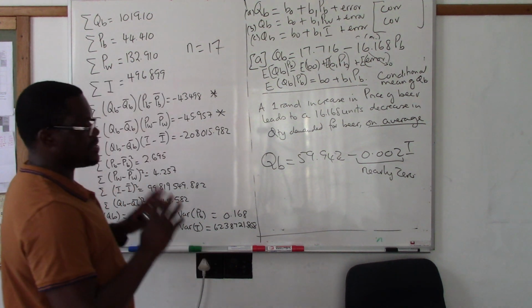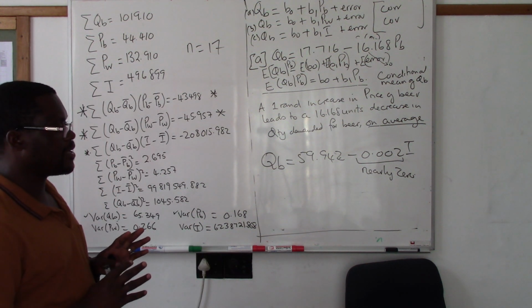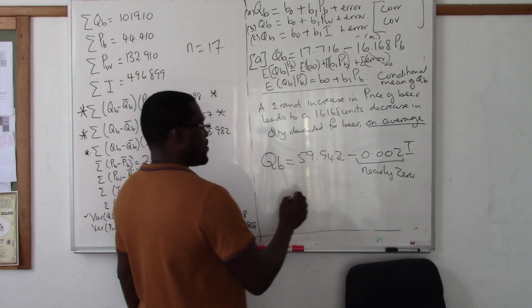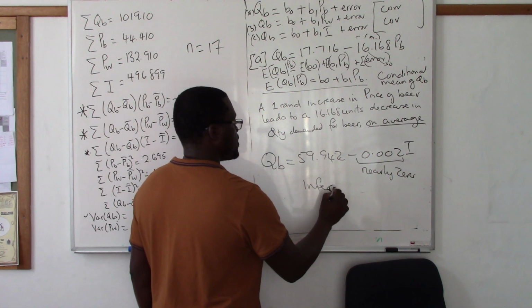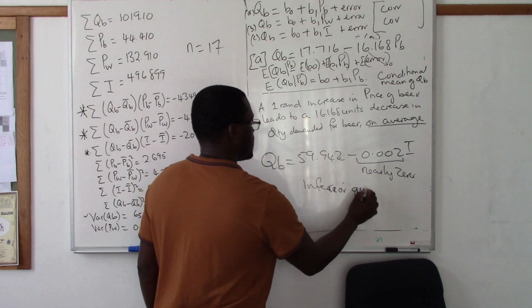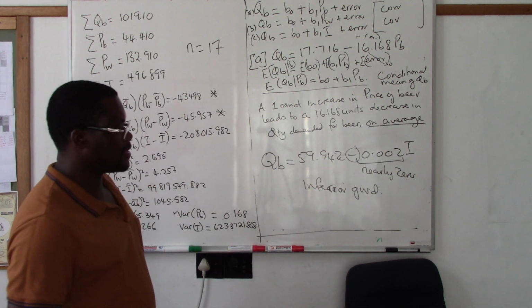Now this particular number is nearly 0, right? Because it is nearly 0, remember we had said that this good, beer, is an inferior good. That's what we said because of the minus sign on the coefficient of income.